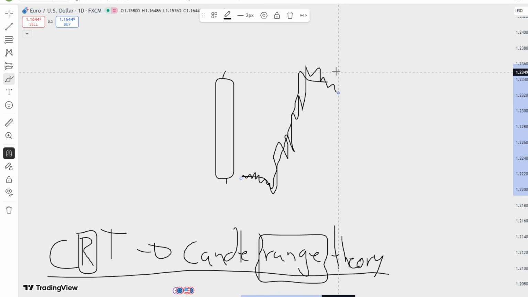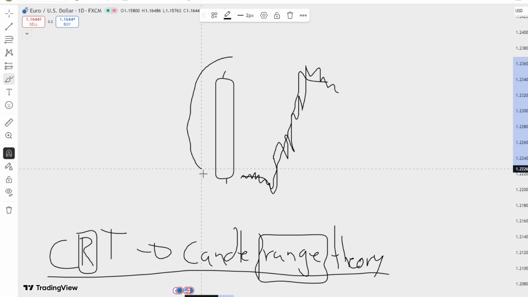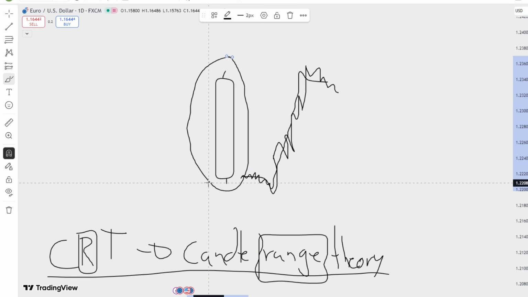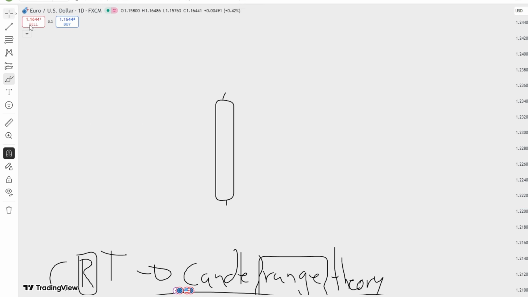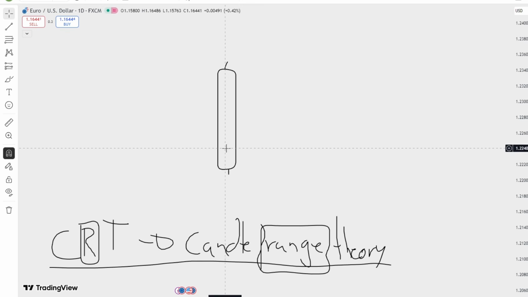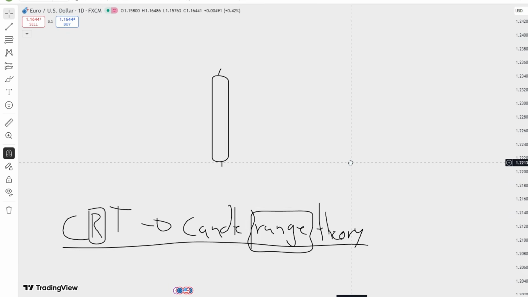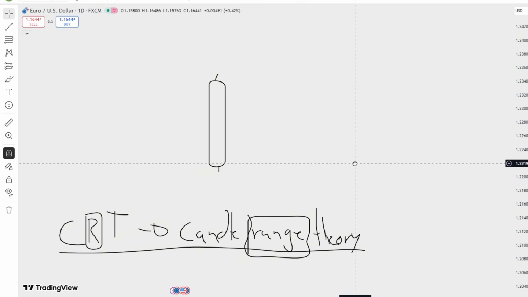So this is what this candle means: you have an opening, a low, a high, and a close. In each candle, you're going to have a footprint of your range. Pay attention to this because it is very basic, but very important for you guys to know.